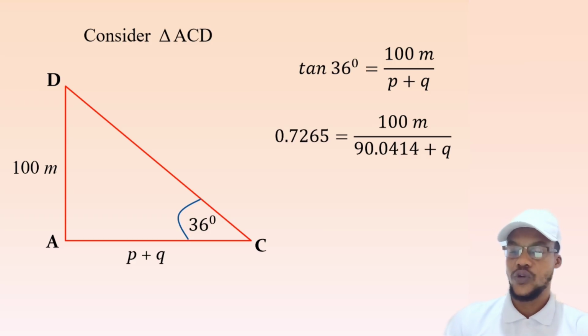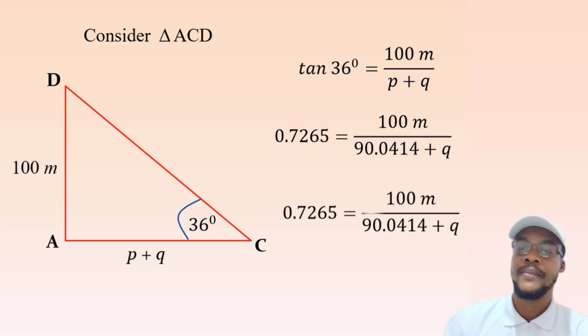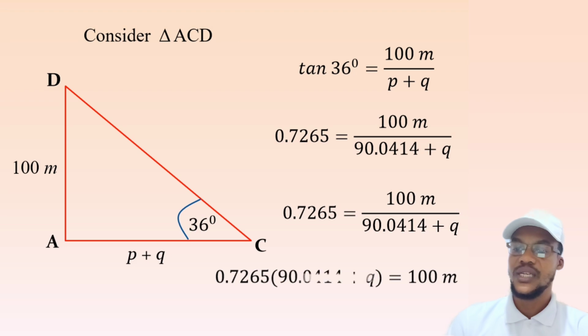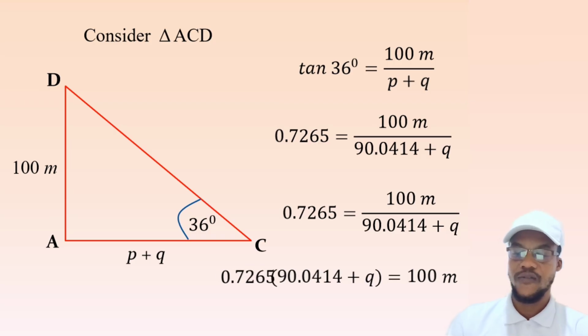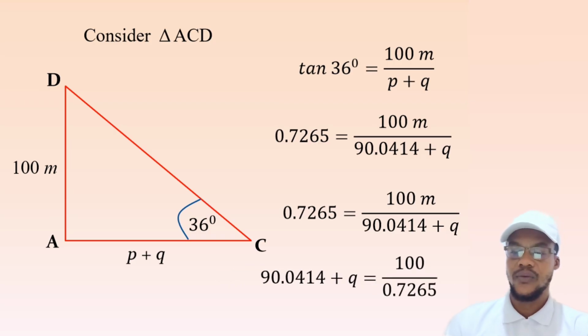Then we need to do some simplification here. If we multiply them, we change the positions, and that is going to work for us. So we are only finding Q. And why are we finding Q?